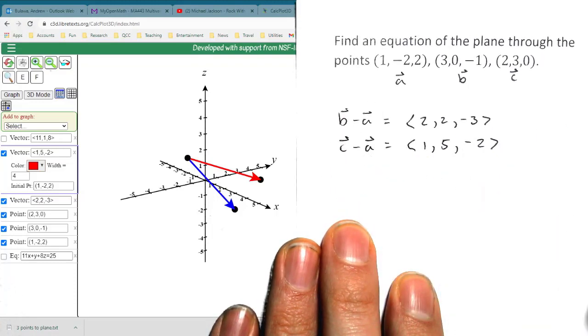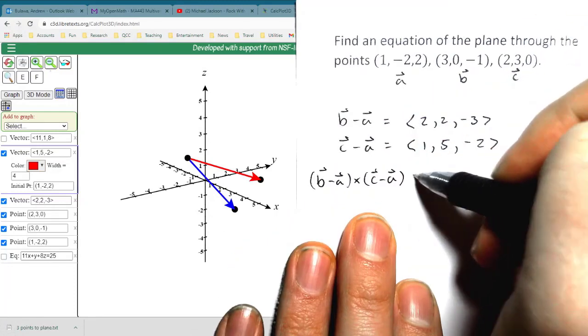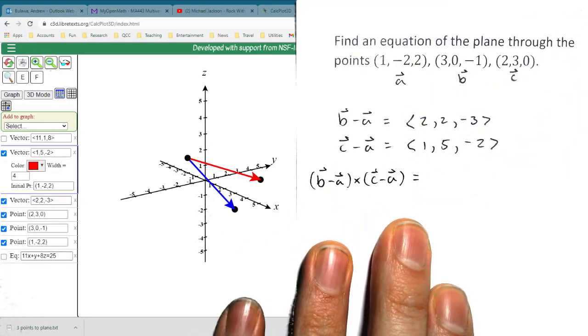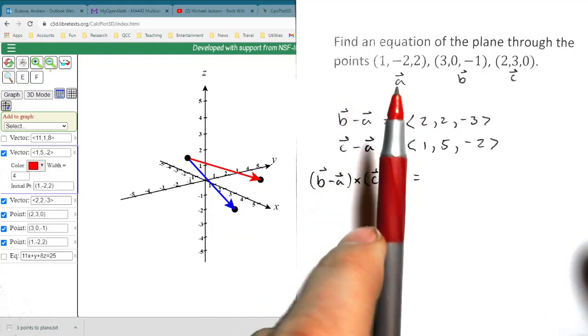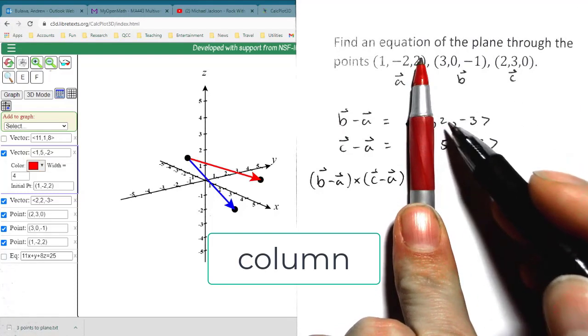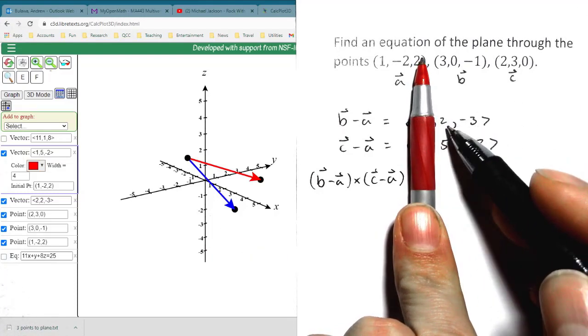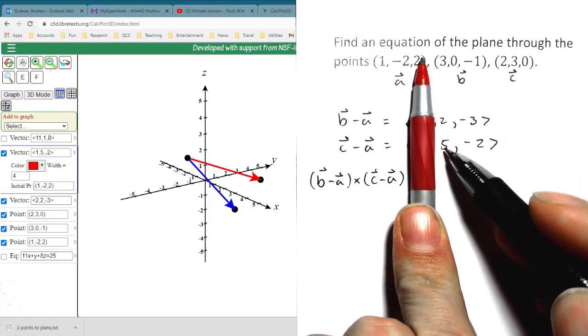All right? So we are going to cross these. Okay, well, let's do that. When I do the cross product, I cover up the first row here, and then I just take a determinant. I go this number times this number minus this times this. So negative 4 minus negative 15.